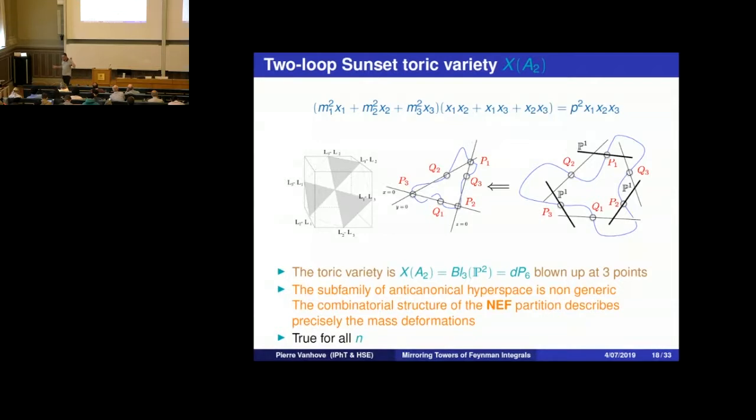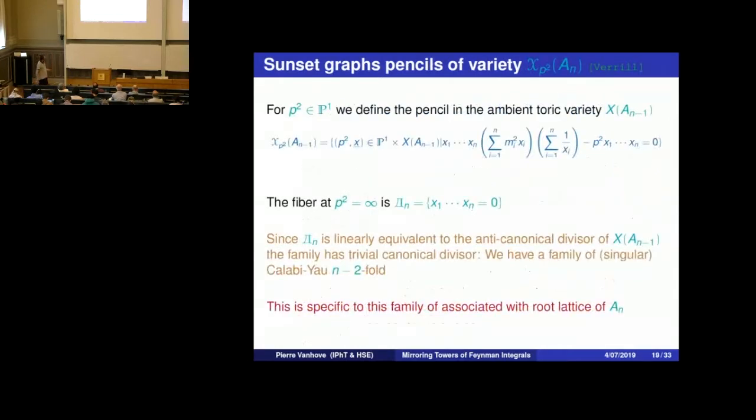So the description I'm giving to you is that this is always true, that the mass parameters I'm having, to all orders of this sunset family, are going to parameterize these Newton partitions. And this is telling me how special this family is inside the toric, as a toric restriction.